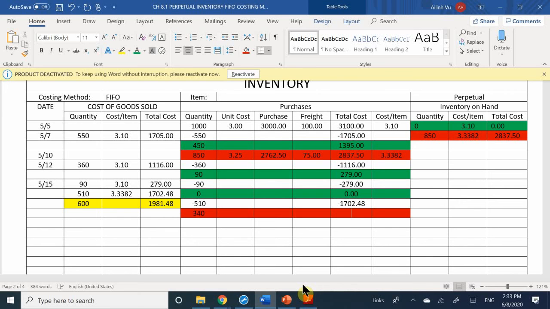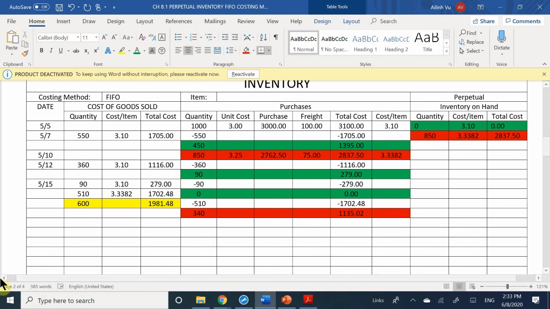Okay, minus the 1702.48. Are we using 48 cents? 48 cents. Okay. 1,135.02. 1,135 and 02. Okay, that's what I got.